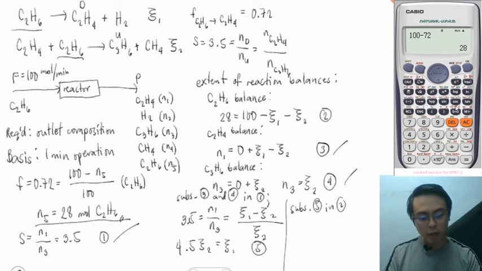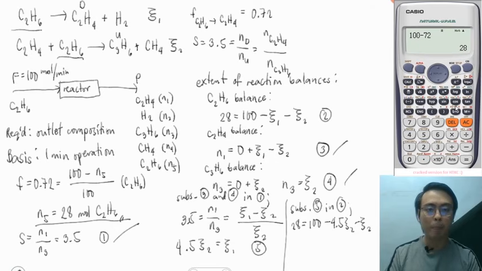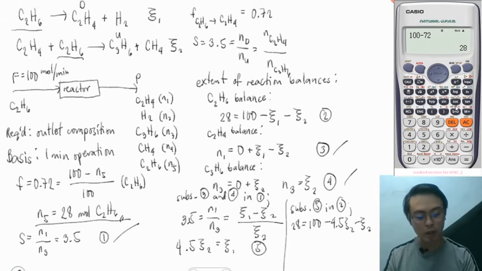What do we have? We have 28 is equal to 100 minus extent 1, which is 4.5 extent 2, minus extent 2. And then the last two terms can be added together. So we have minus 5.5 extent 2. So this is now 72.